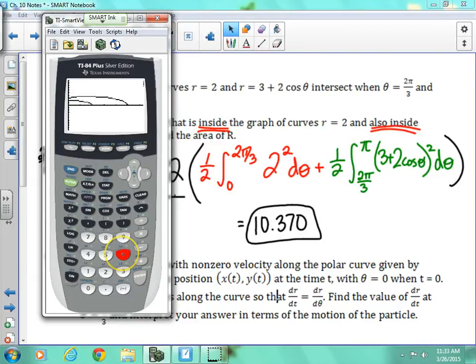I'm going to go zoom standard just for sake of, I have to keep on going. There we go. I could see 2 pi over 3, and then I can see moving around, and then moving around. So I could see the circle I want 0 to 2 pi over 3, cardioid I want 2 pi over 3 to pi. And then double on the other side. The motion does help a lot.